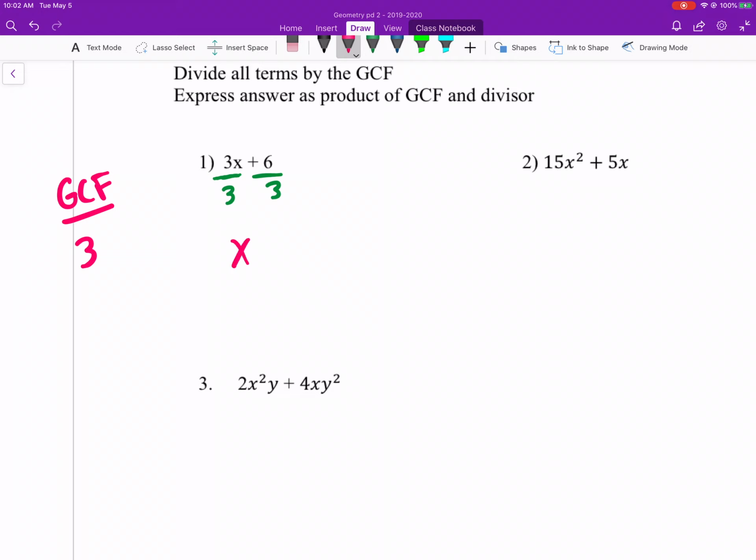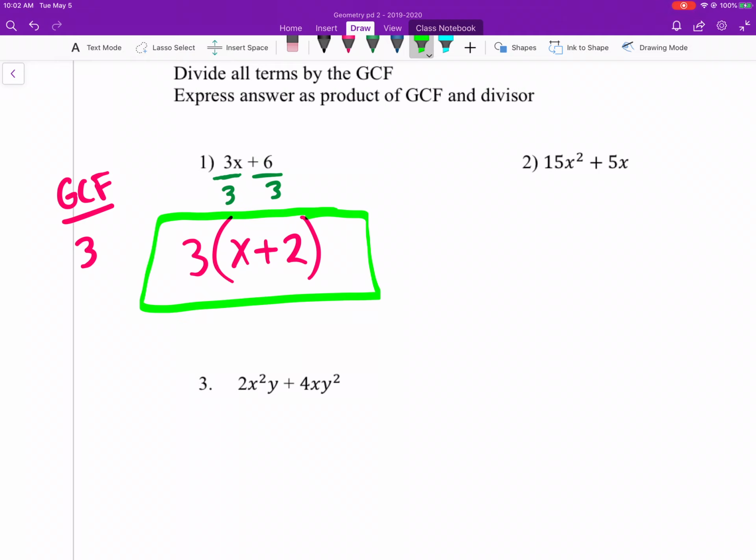And 6 divided by 3 is just 2. So we have x plus 2. Now, a lot of students forget to do this: remember, it's a product of the GCF and the divisor. So you have to write the GCF out front, sort of like the distributive property. So this right here is your final answer.